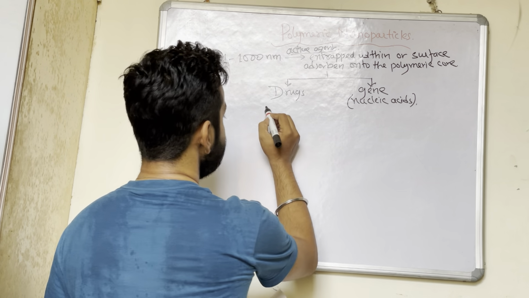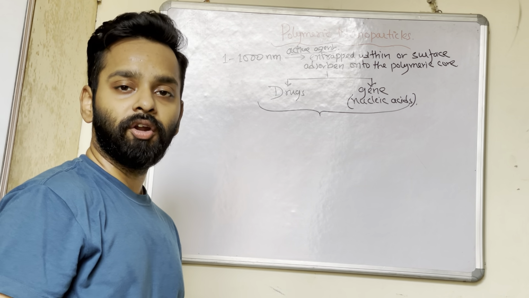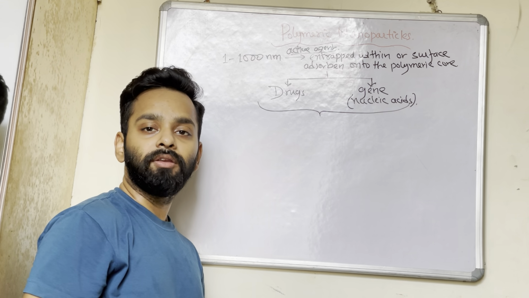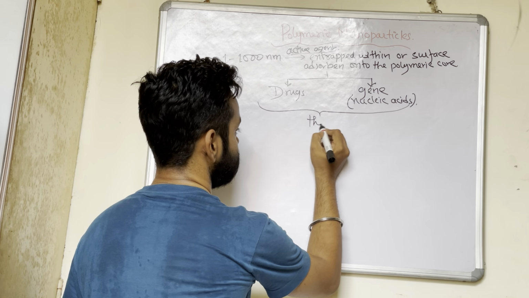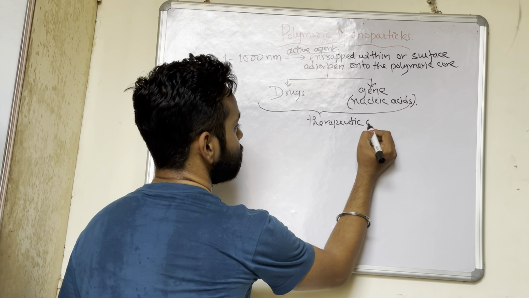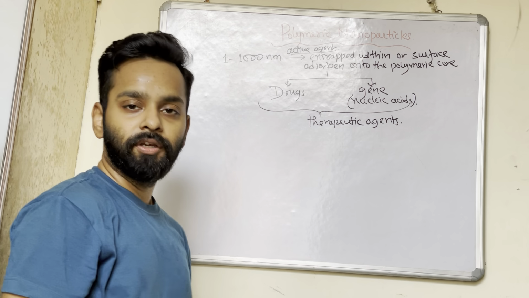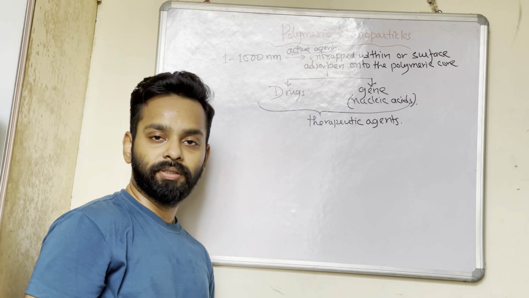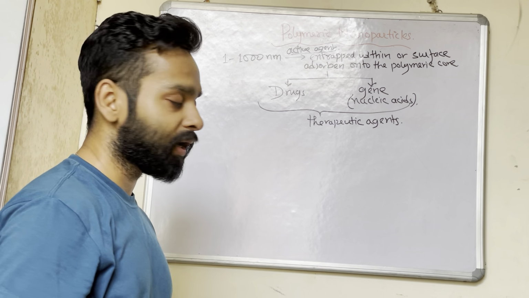Now, in both of these cases, the polymeric nanoparticles herein are used as therapeutic agents. In this video, we'll be concerned mostly about the therapeutic applications of such polymeric nanoparticles.